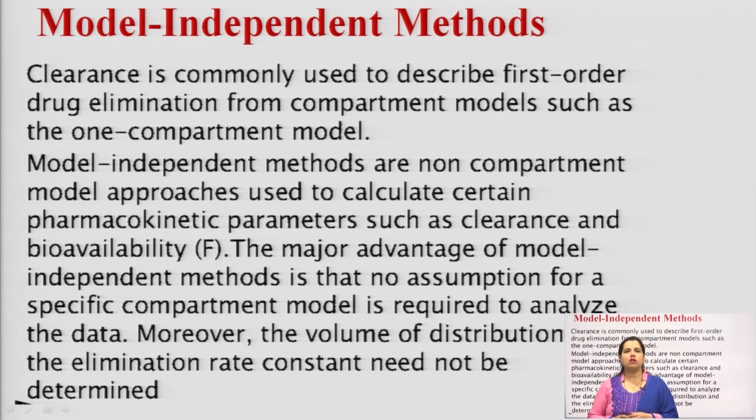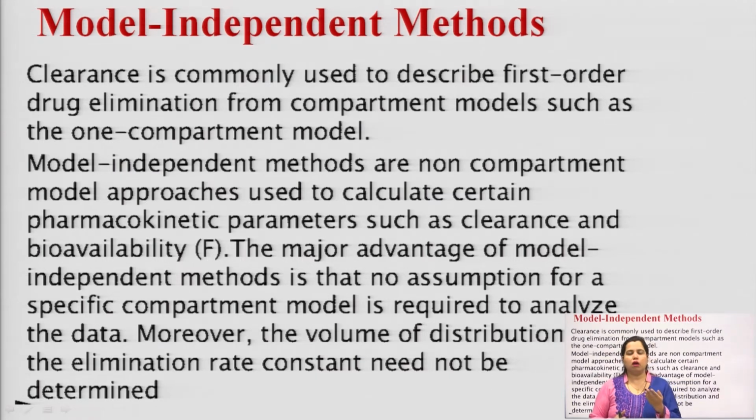The major advantage of the model independent method is that no assumption of a specific compartment model is required. When we talk about compartment modeling, we consider the body and body organs as single or multiple compartments, and then we set the calculations and analyze the experimental data to correlate it with the mathematical formulas.